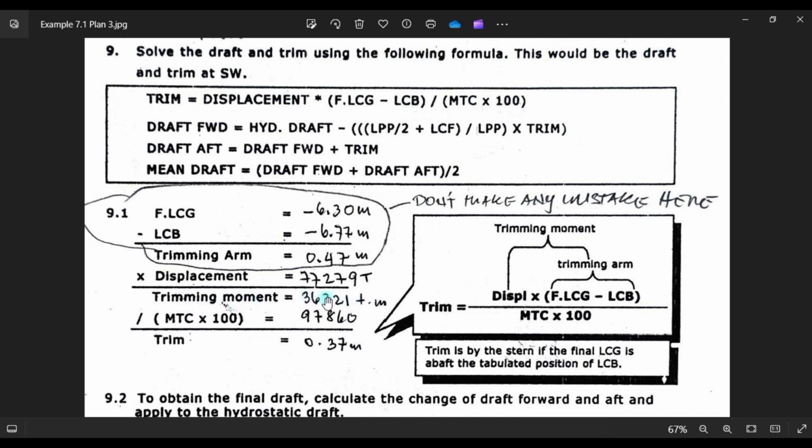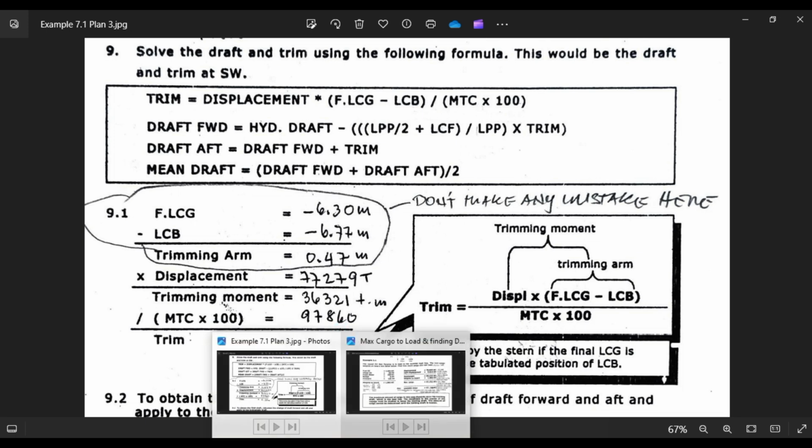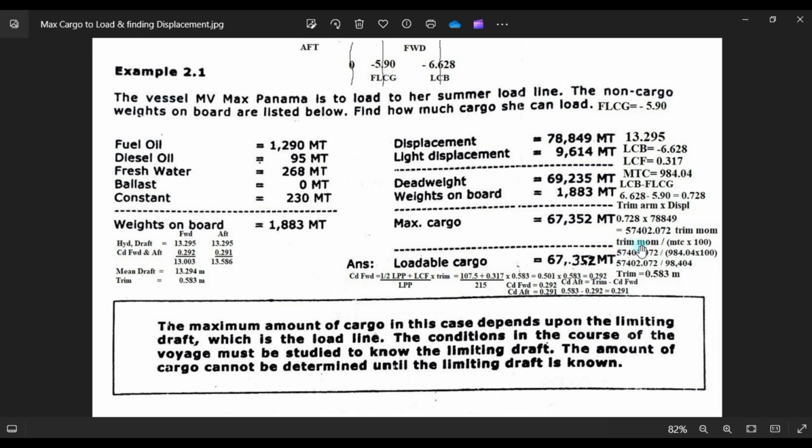Now, after you get the trimming moment, divide it by MTC times 100. The trimming moment is 57402.072, and you divide by MTC times 100.